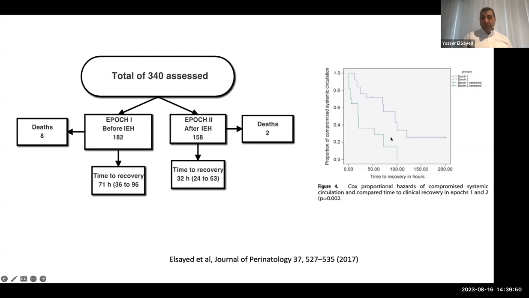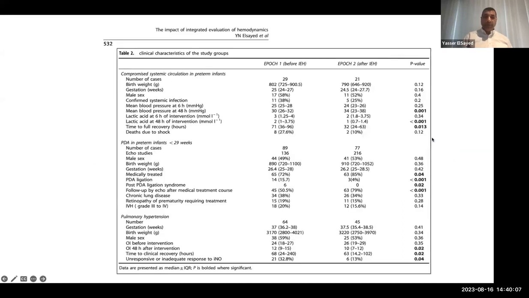And as you can see here in this survival curve, the Cox proportional hazards, the green curve, which is epoch 2, ends early with less time to clinical recovery compared to epoch 1, which is the blue line.